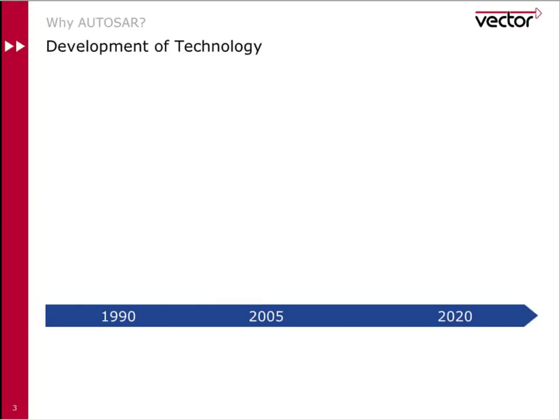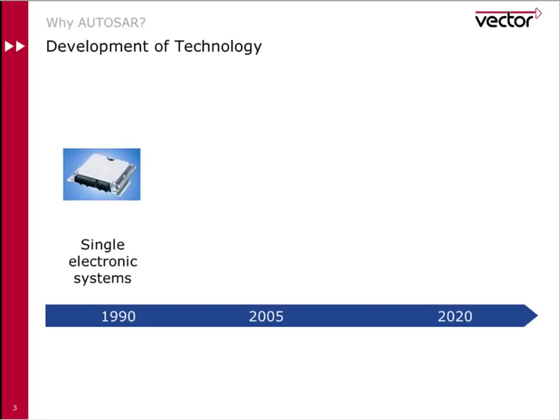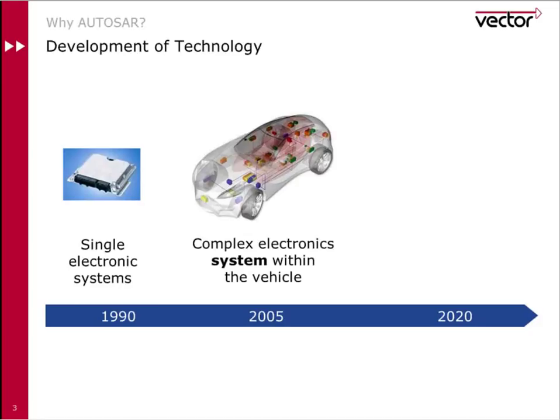When we take a look at the development of the technology inside the vehicle, these systems used to be based on single electronic control systems. You would have a transmission ECU or an engine control ECU or an ABS braking ECU. Today, the ECUs don't so much work autonomously, but rely more and more upon the data from other ECUs in order to fulfill their vehicle function.